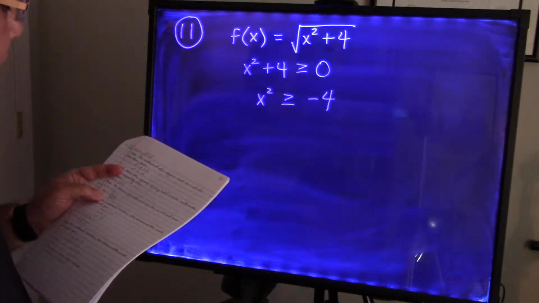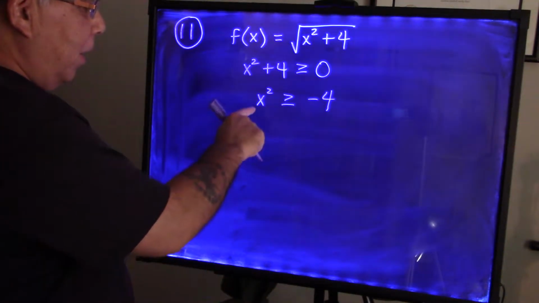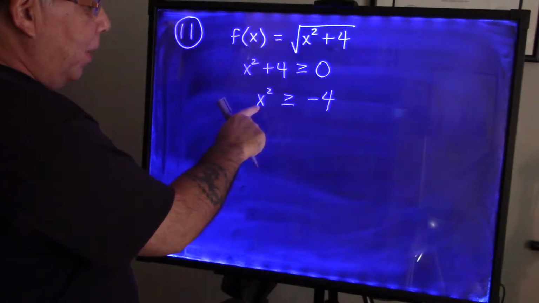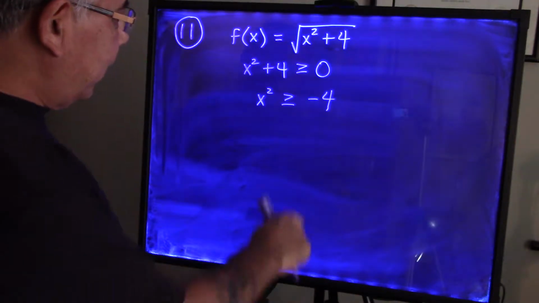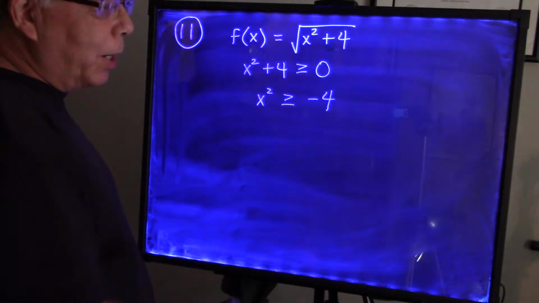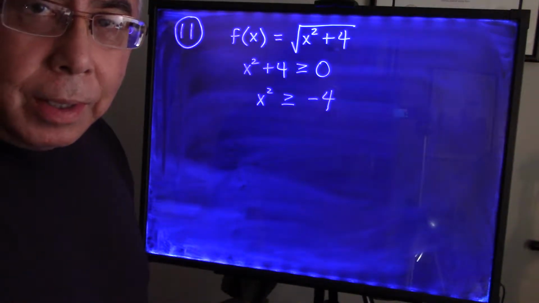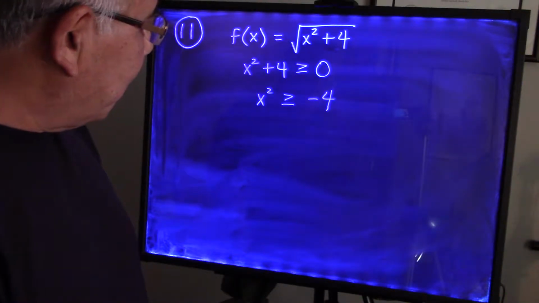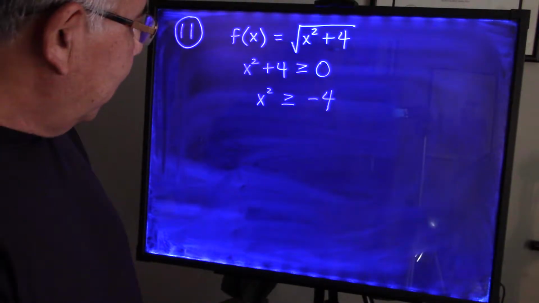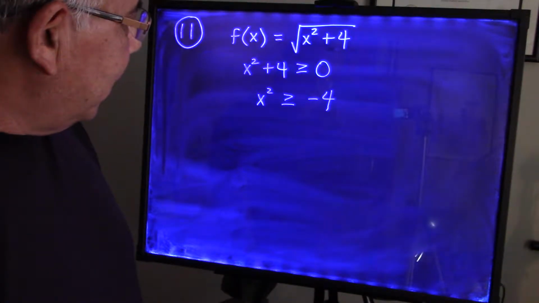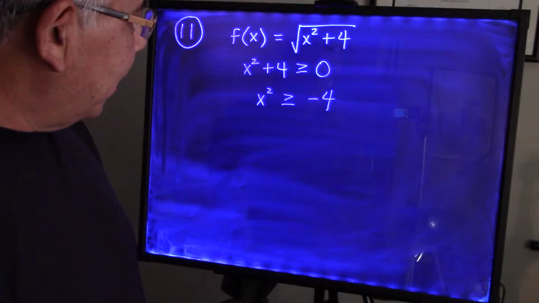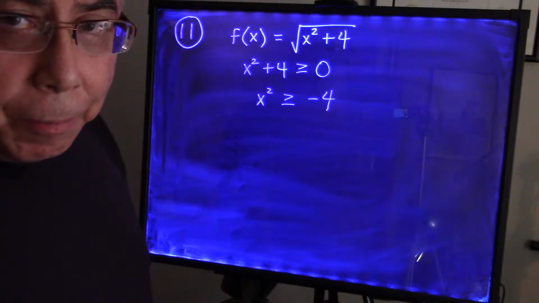Now, whenever you square a real number, you're never going to get a negative result. So this expression here can be satisfied by any real number, all right? So you need not go any further than this, okay? X squared, no matter what x is, when you square it, you're always going to get something greater than or equal to 0.